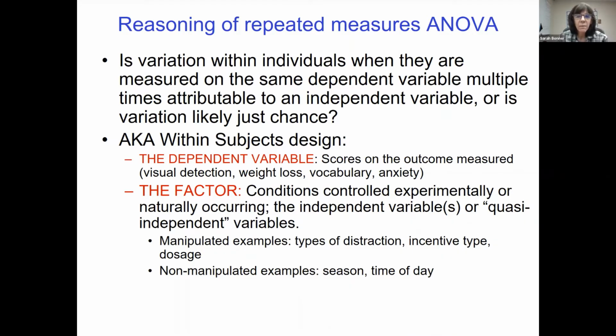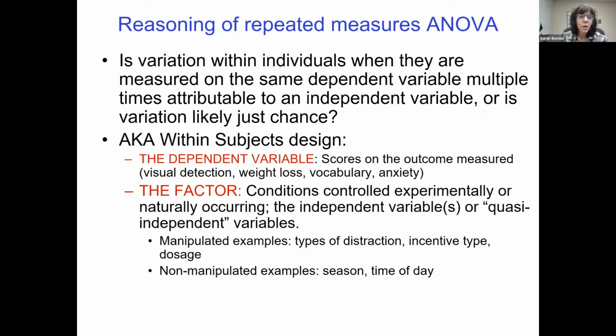And they are measured multiple times on the dependent variable pain. And are the differences in measures, which they will undoubtedly vary in their pain level, likely attributable to whatever is happening between the occasions of measurement, or the types of intervention, as you could say, or is it likely just due to chance?